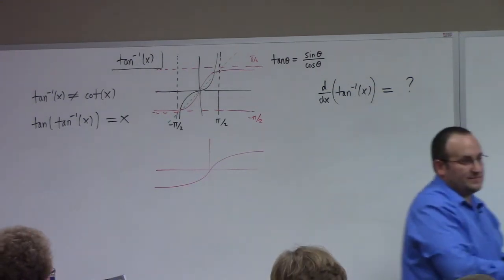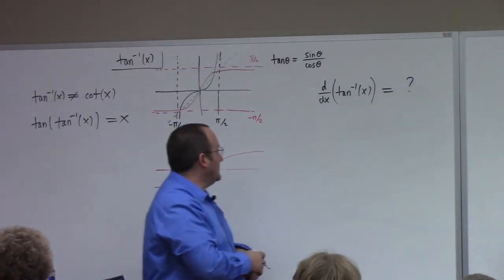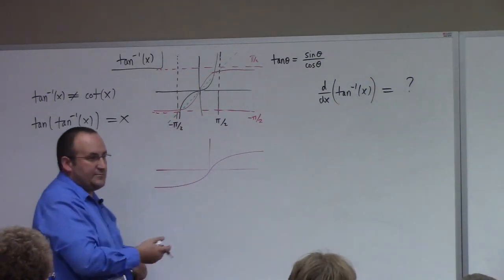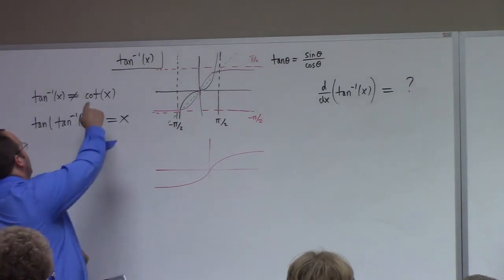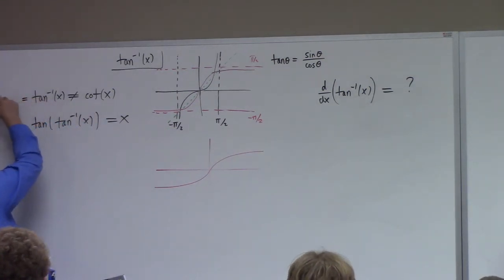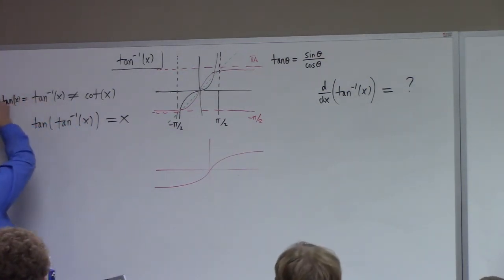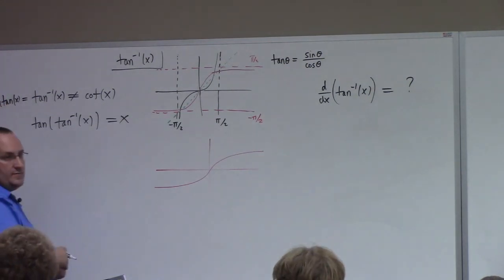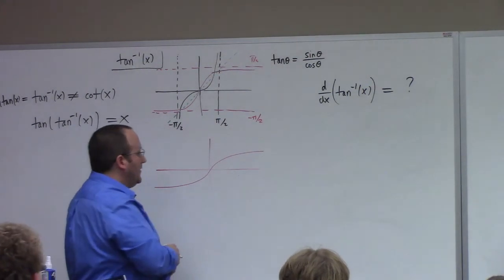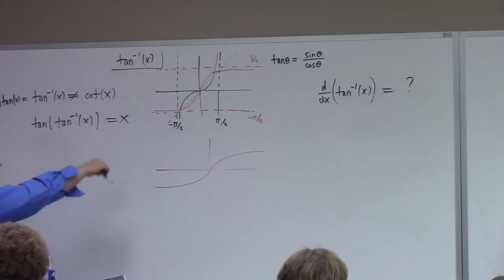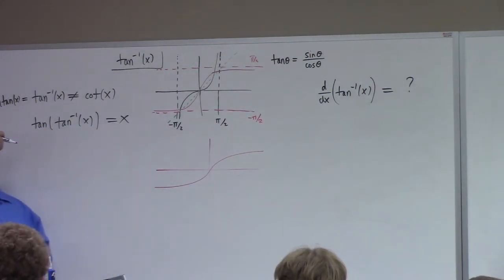Not my notation, but you guys could use arctangent if you like that. I don't. So inverse tangent's also sometimes called atan, also known as arctan. These are all notations. Okay, so looking at this red graph, what could you tell me about the function we should find here?